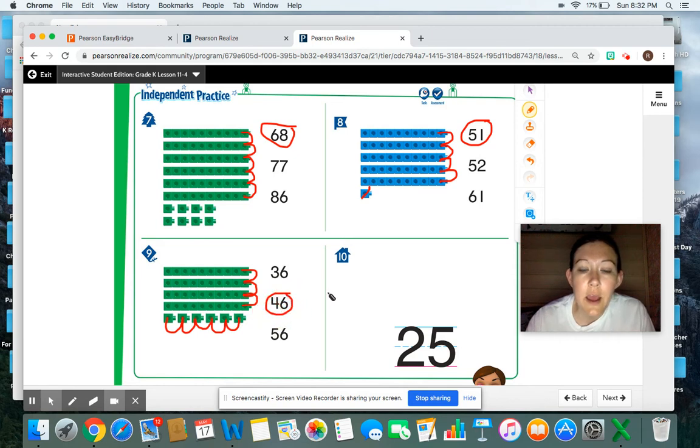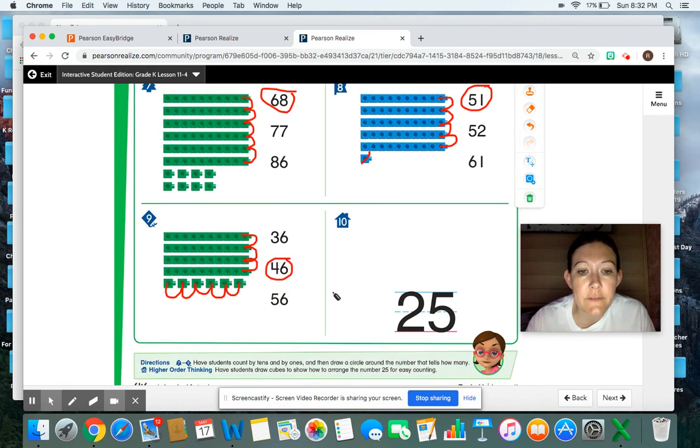Very good. All right, the number 10 house was a little bit different. It says to draw cubes to show how to arrange the number 25 for easy counting. Now, you could put 25 counters all over the place, but to make it easy for counting, if you drew counters in groups of 10, there's 1, 2, 3, 4, 5, 6, 7, 8, 9, 10. And maybe you drew a cube train. That would be fine too. So there's my first group of 10.